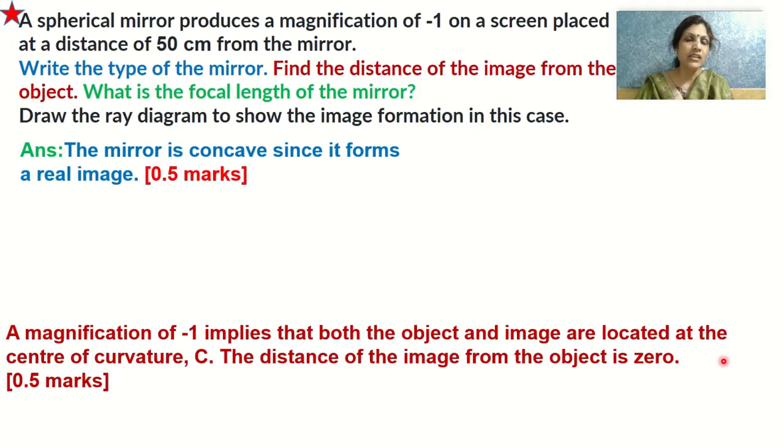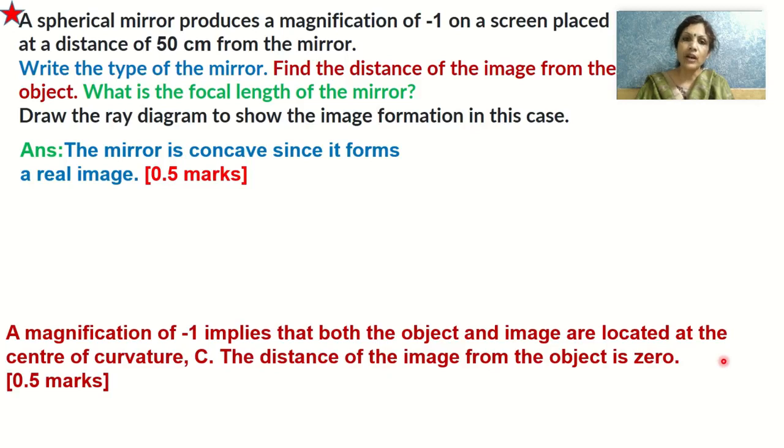The image height and the object height will be same, then and only then the magnification will be -1. And this is possible only when the object is at center of curvature. So to identify this, the distance of the image from the object is 0, half mark will be given.